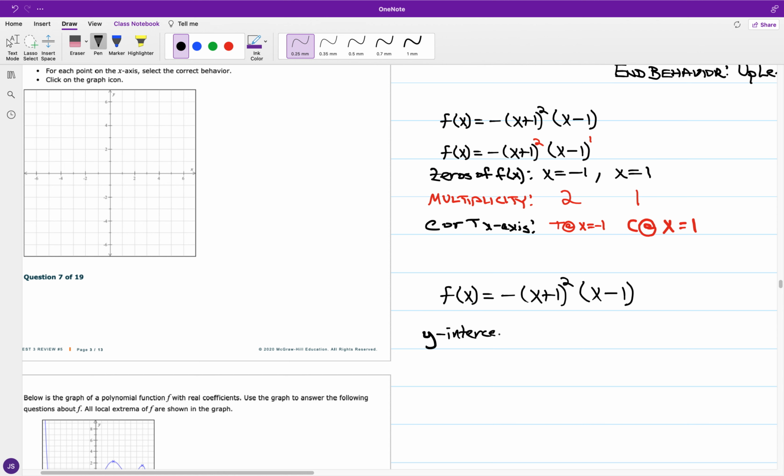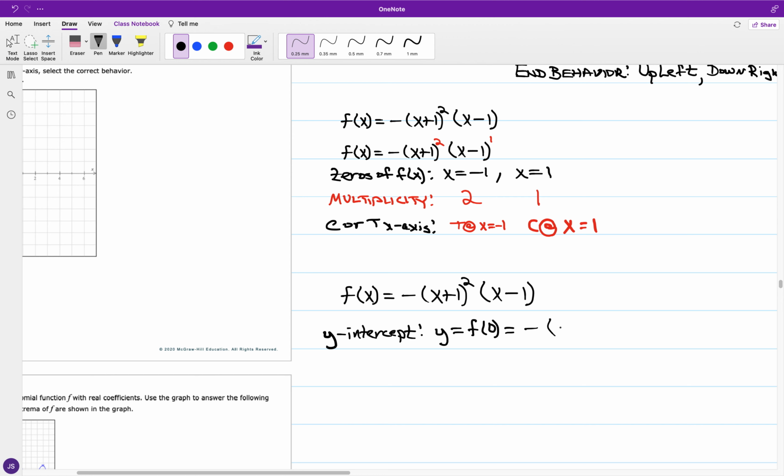The y-intercept is y equal to f of 0, so we have the negative of the square of 0 plus 1, where I'm just filling in 0 for x. Moving this on down, we've got the negative sign, and 0 plus 1 is 1. I'm going to square that out.